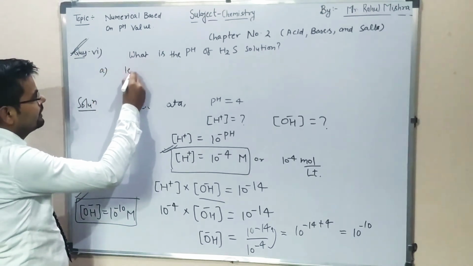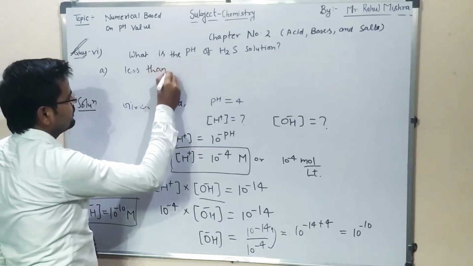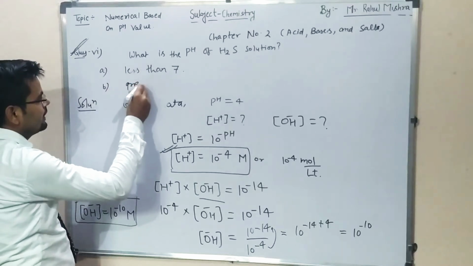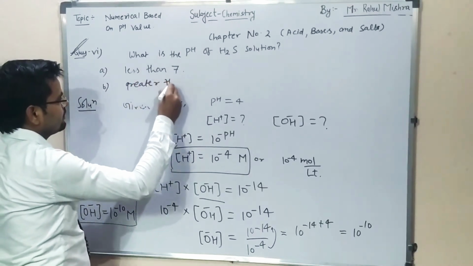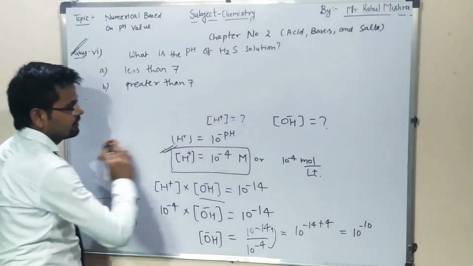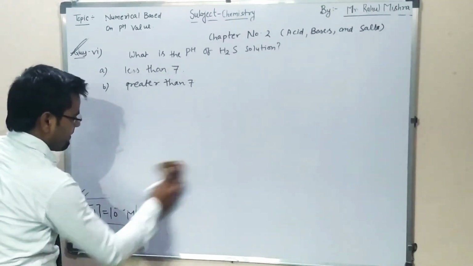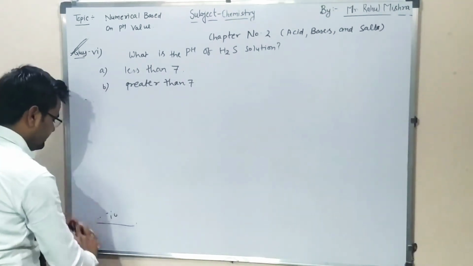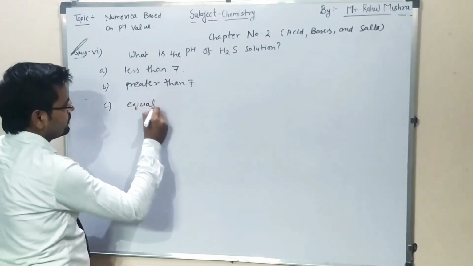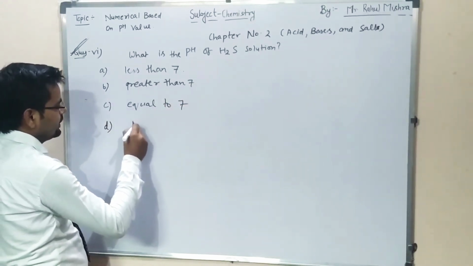Option A is less than 7, B is greater than 7, C is equal to 7, and D is none of these.